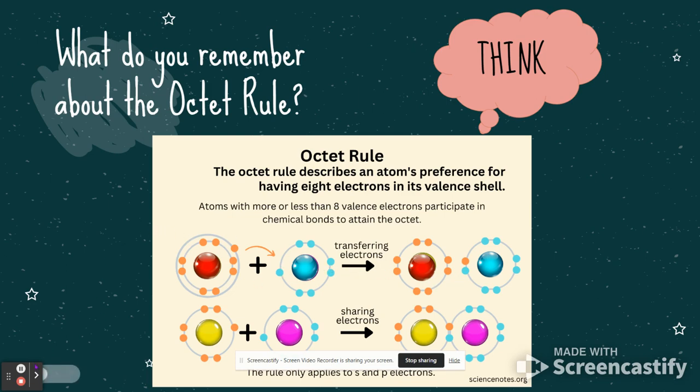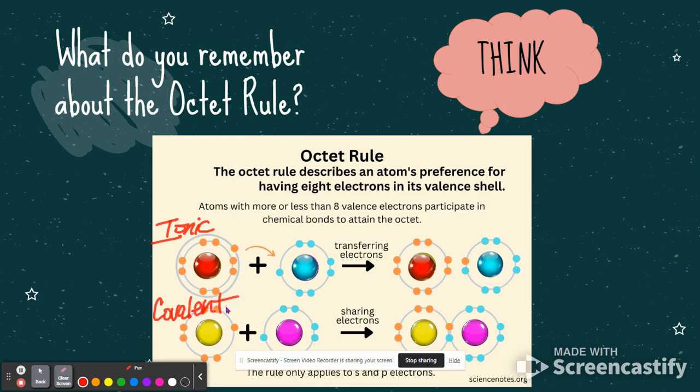This is for our ionic bonding. And then here at the bottom, if they are sharing, that's for our covalent. Just a quick reminder, this rule applies to our s electrons and our p electrons from the electron configurations we learned about before.